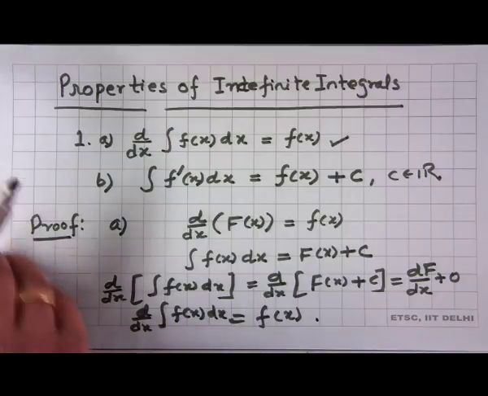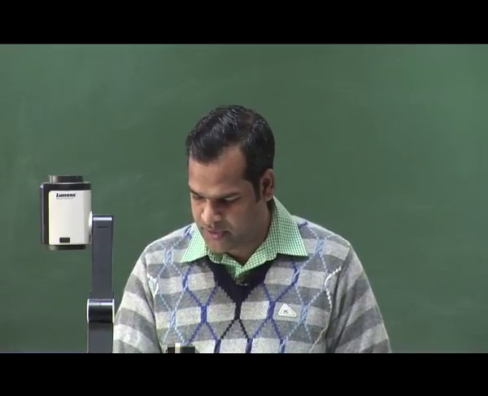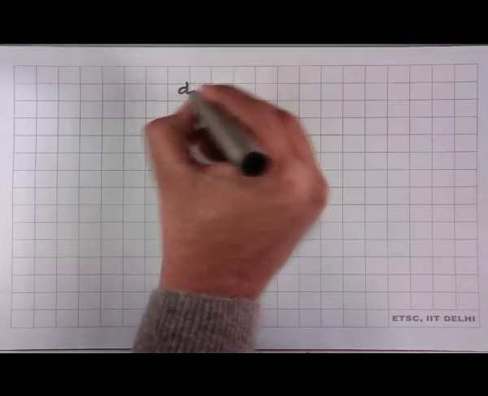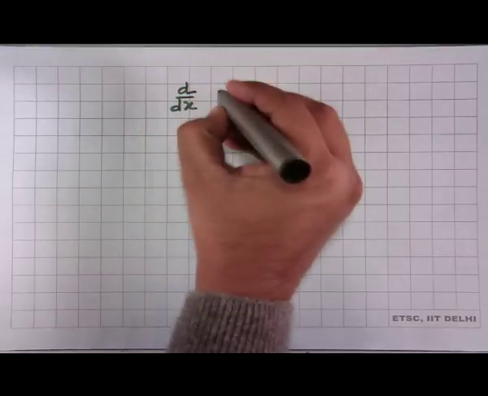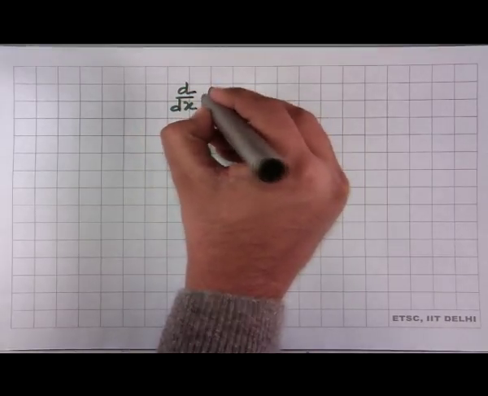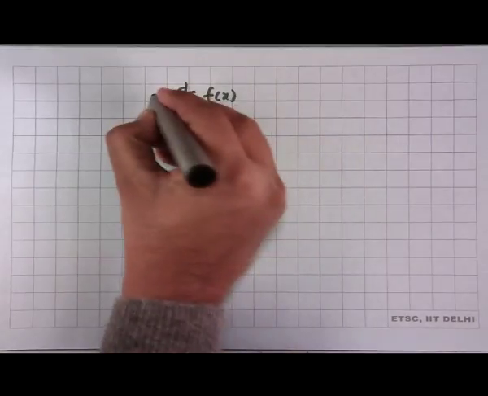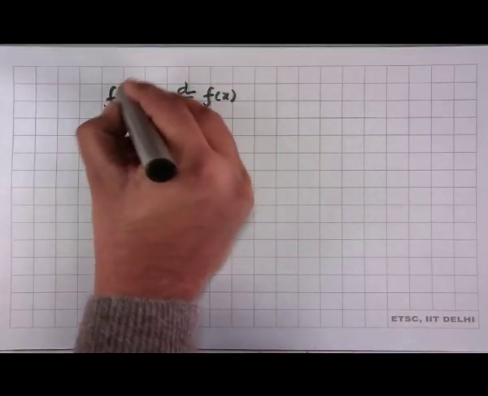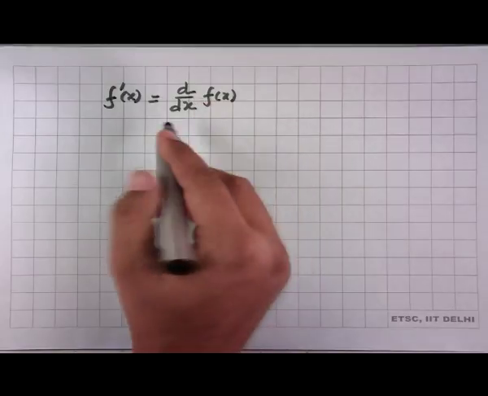For property B, we again use the definition. So, we note that d by dx of f x is basically f prime x.